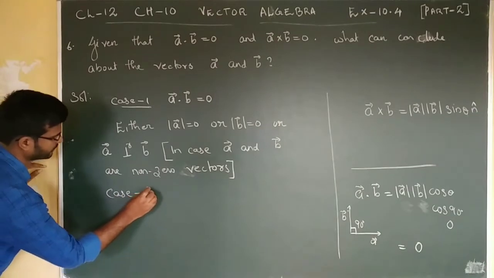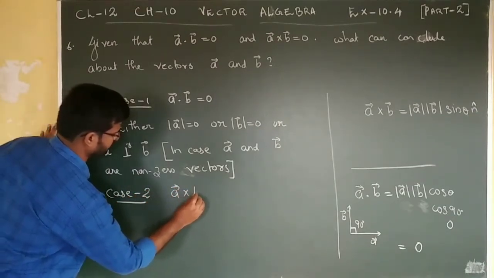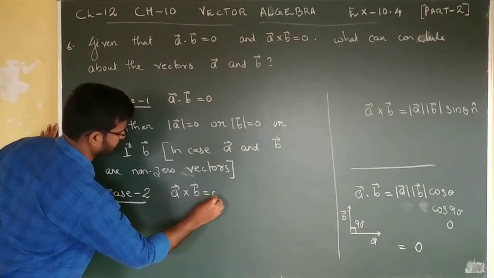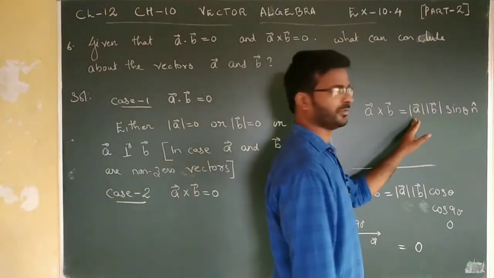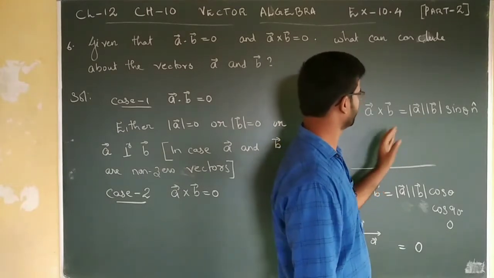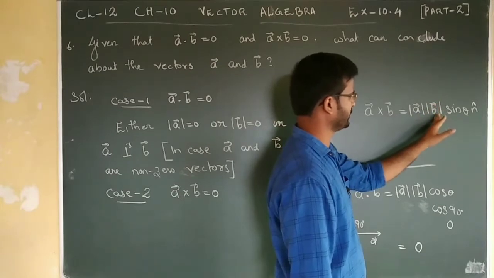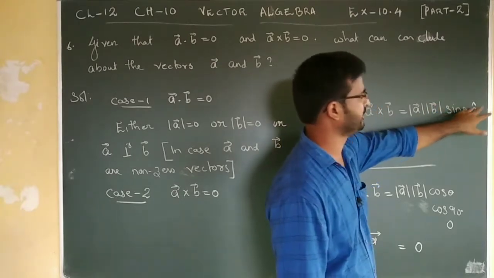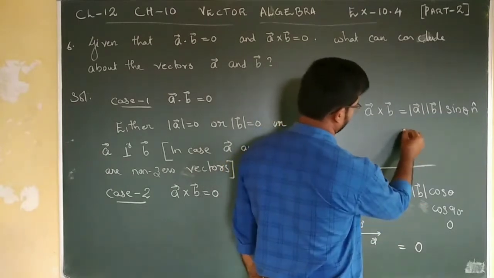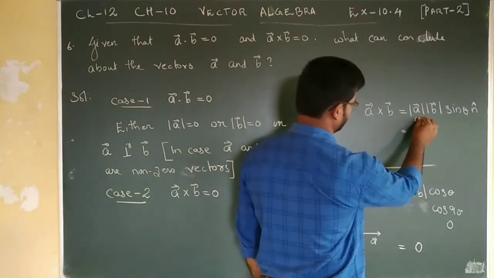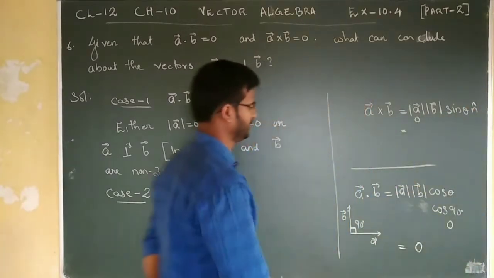Case 2: A vector cross B vector equals 0. Check this cross product formula: A cross B equals magnitude of A vector into magnitude of B vector sin theta n. If the magnitude of A vector is 0, the right side will be 0, isn't it?